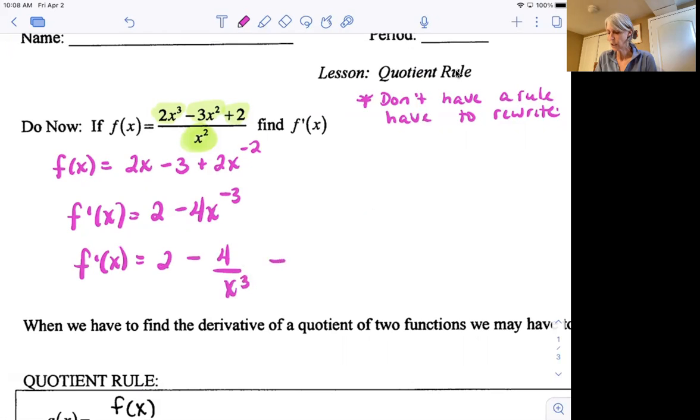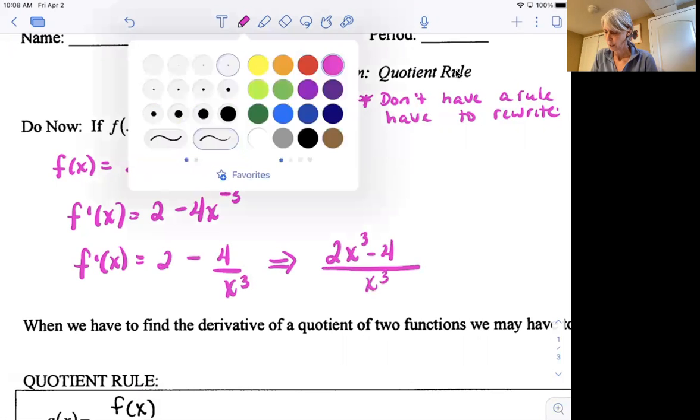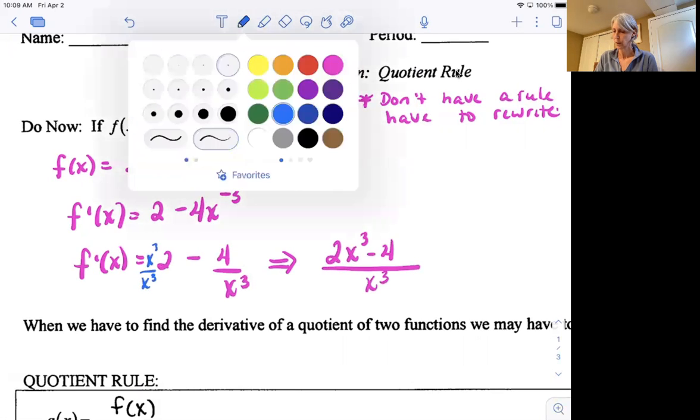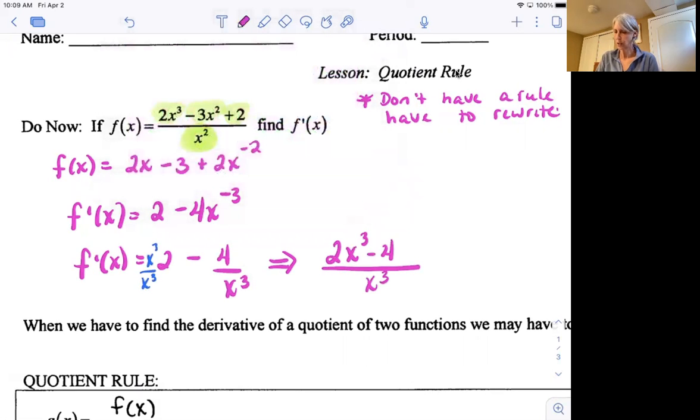We could actually even go a step further, and we can write this as one rational expression if we were to multiply this by the least common denominator. So it's important for you to understand that these are equivalent expressions.